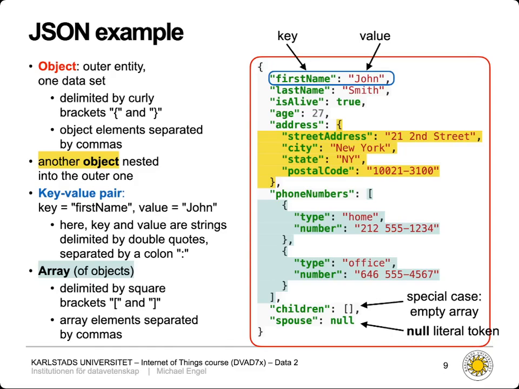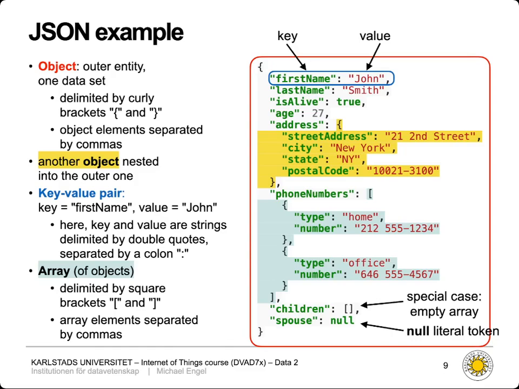This is very similar to databases, where you identify information according to whatever you can tell about its semantic relevance. For example, the highlighted thing here would be first name. We have a data set for a person, obviously, with a first name of John, and a last name of Smith. We have some other properties.